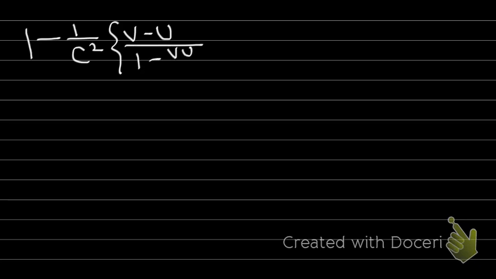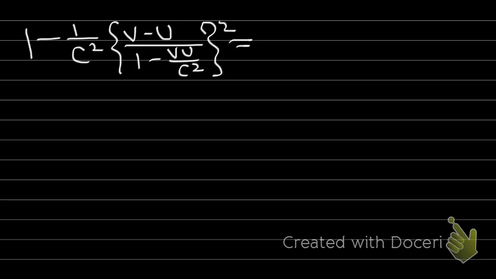Right, so in the denominator inside my square root, the term I have is 1 minus 1 over c squared times ((v minus u) over (1 minus v times u over c squared)), right? And the square of this expression right here.